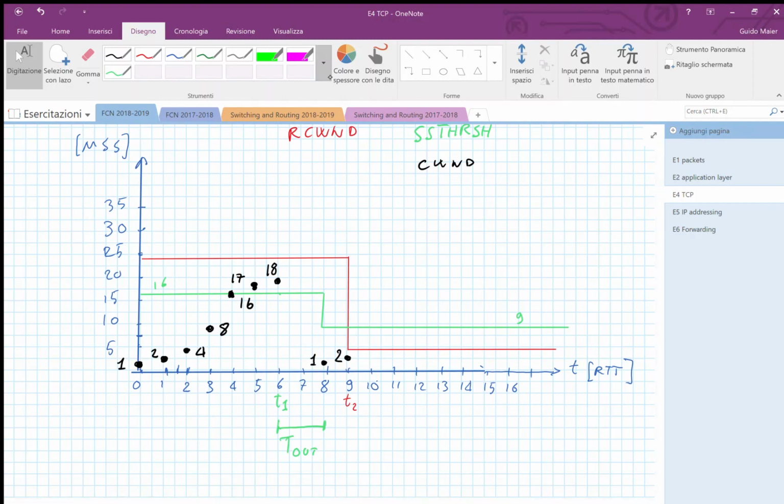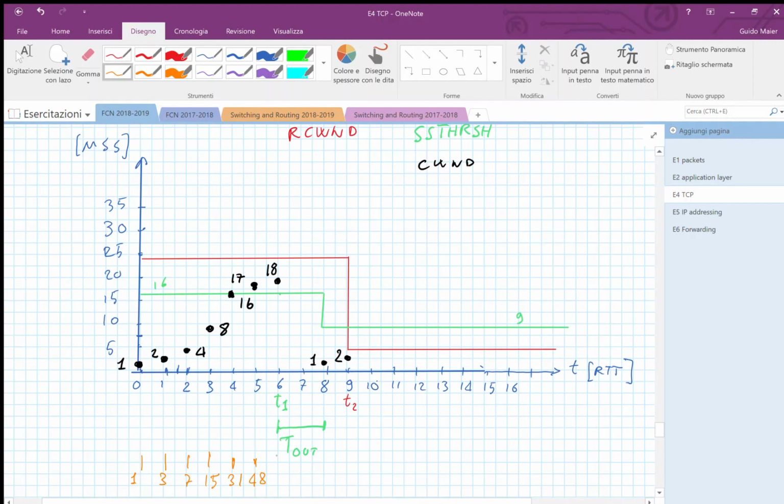Let's use, let's say, the orange color. Okay, so here we have transmitted 1, here 3, 7, 7 plus 8 is 15. 15 plus 16, 31, plus 17 is 48.